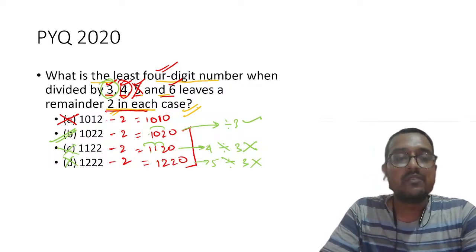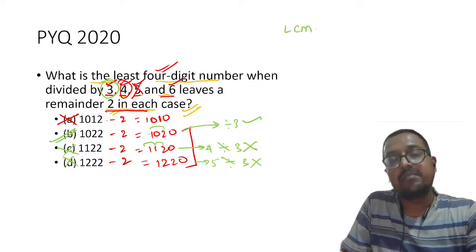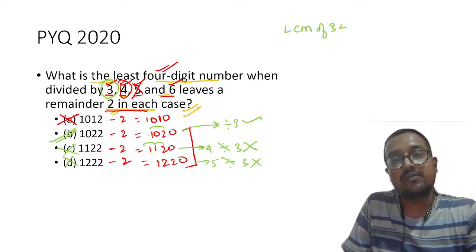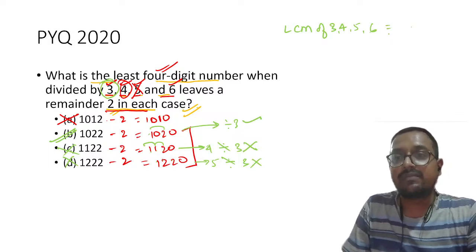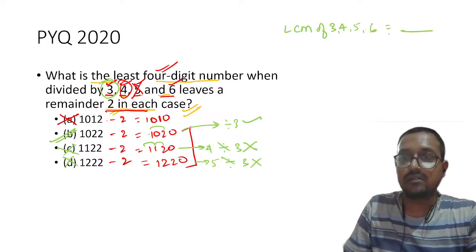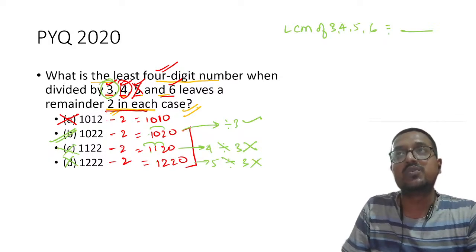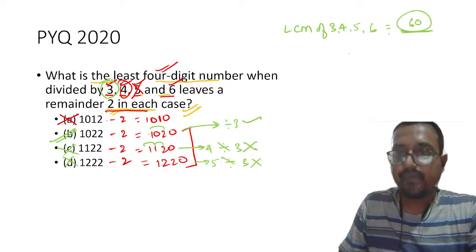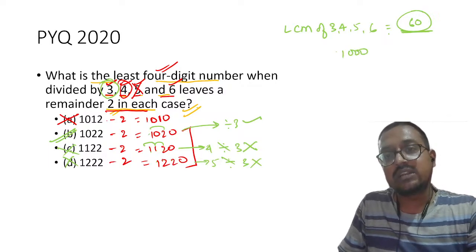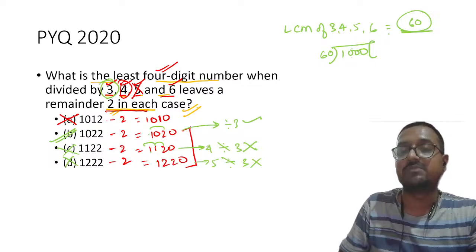Understood? If you want to go by formula, what you can do? Find the LCM of 3, 4, 5, 6. Whatever will be the LCM, once you get the LCM, what will you do? 30 into 2, 60 will be the LCM, I think so, right? So what you should do? 1000 divided by 60, because 1000 is the least 4-digit number.